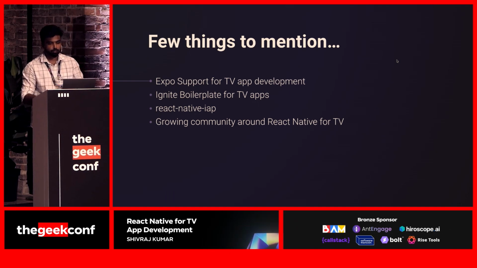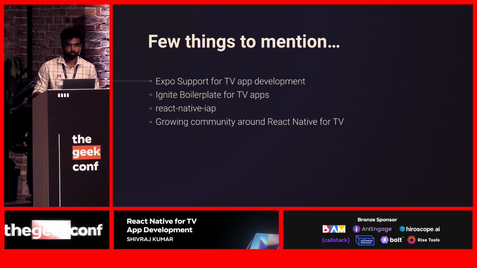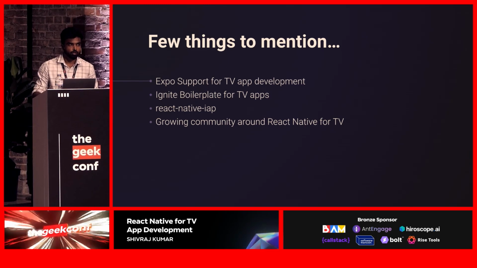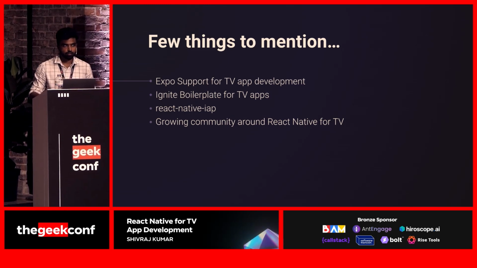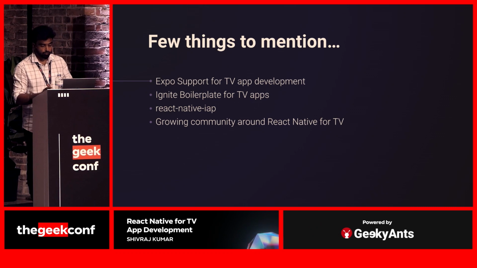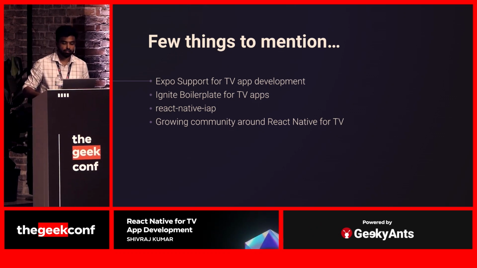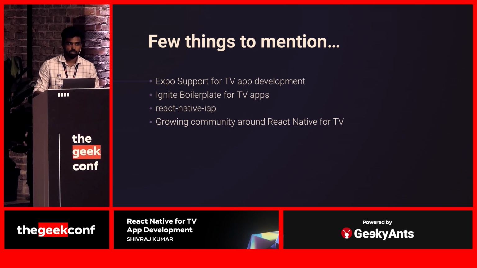Before I wrap up, a few things to mention. As I mentioned, the Expo SDK supports TV app development now, so we can use the same code base for mobile, web, and TV. Now with Expo SDK 51, Expo Router is also supported for TV app development. Then we have boilerplate code from Ignite as well, which works.